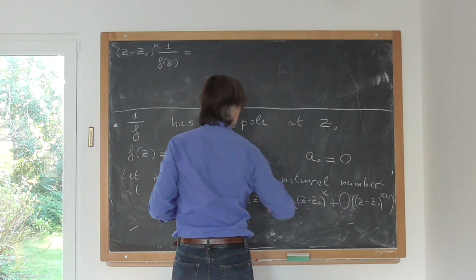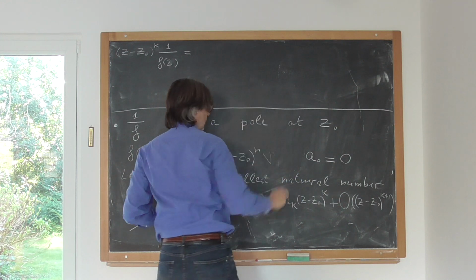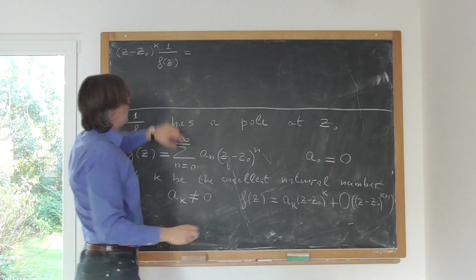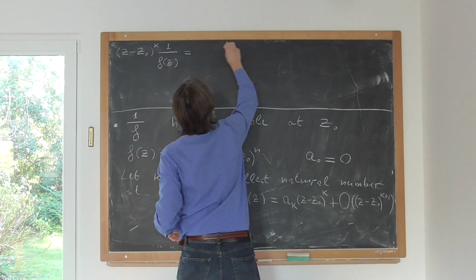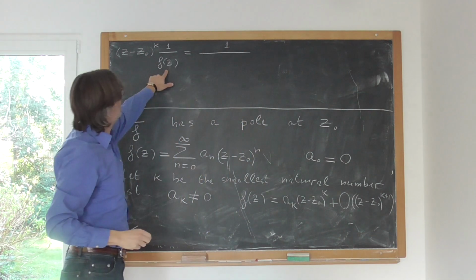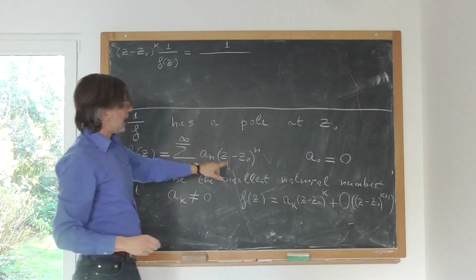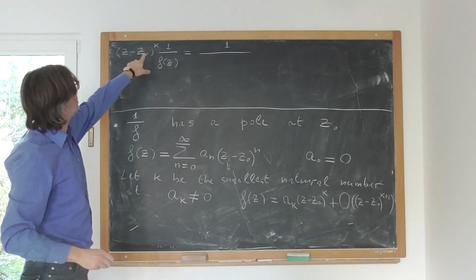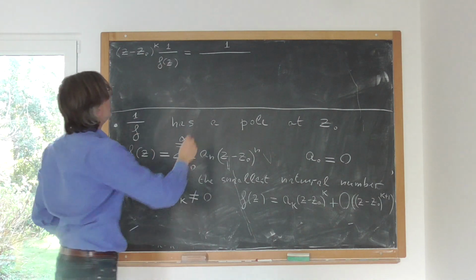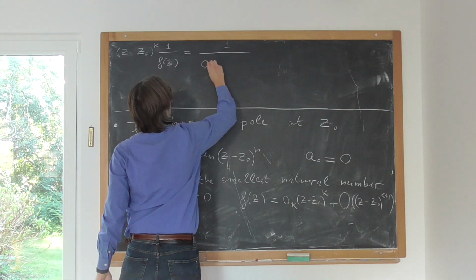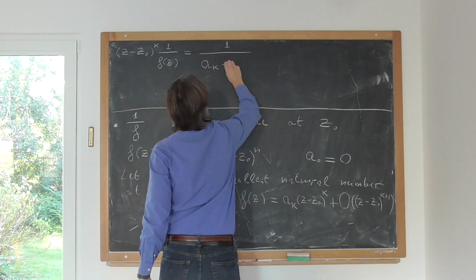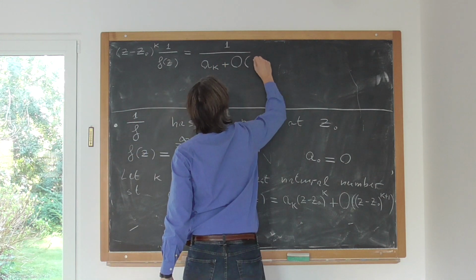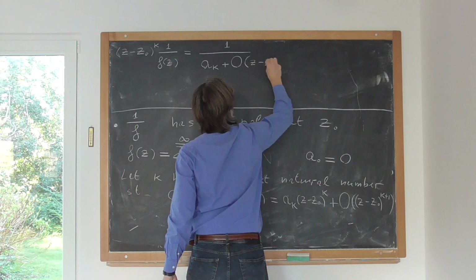We use this expansion and we obtain 1 over, so if we plug for f of z this expression, we can then divide by z minus z naught to the k, and we obtain here a k plus big O of z minus z naught.